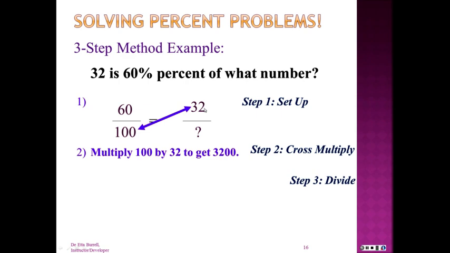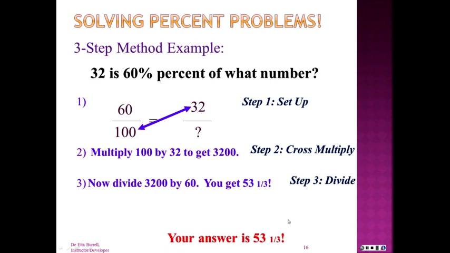What number's left over? Divide it by 60. And that gives me a beautiful fraction, 53 1/3. Because that 3 is going to keep going, 53.33333 forever. So you should just give it as a fraction, and then you don't have to worry about all those decimals. So your answer is 53 1/3.